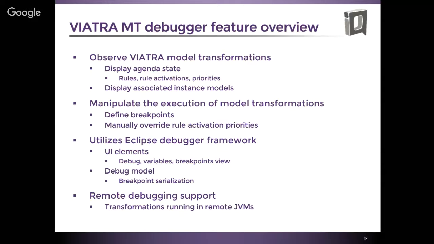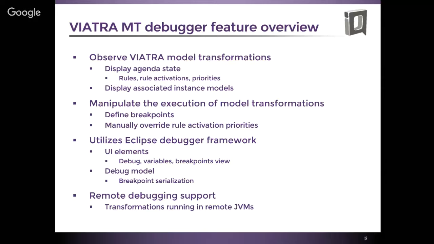So about the debugger itself, as I mentioned before, it allows the user to observe VIATRA model transformations. It displays the agenda state and also displays the instance models associated with the model transformations in a side-by-side view, so they can be compared with each other. It also enables the user to manipulate the execution of model transformations.